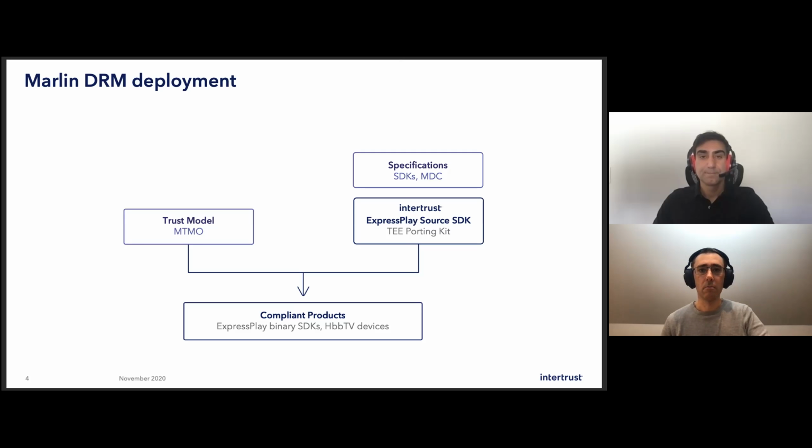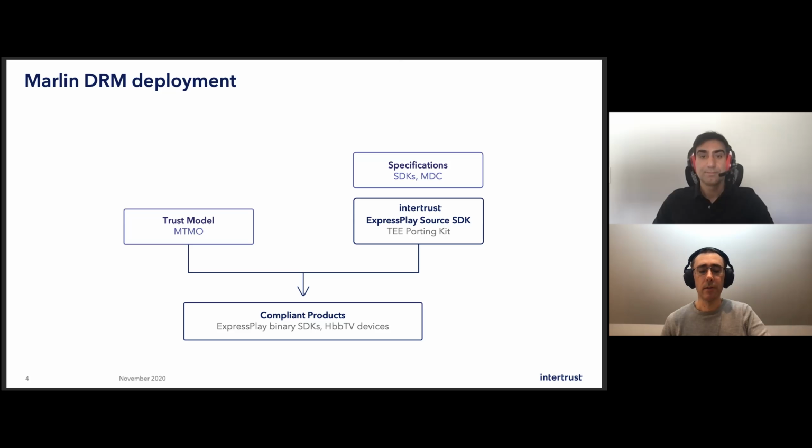It starts with getting access to the technology stack and the specifications. It's usually done by licensing a Marlin conformant product, such as the Intertrust ExpressPlay Source SDK or the ExpressPlay TE porting kit for integrating Marlin technology into a consumer electronic device.